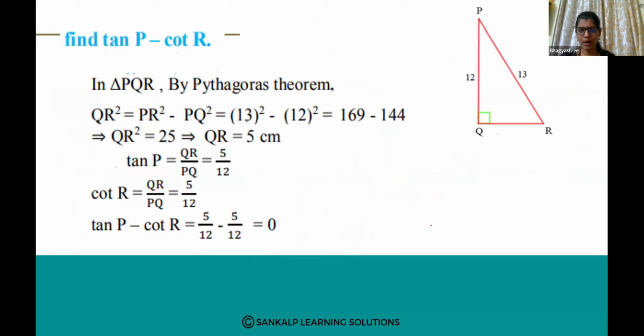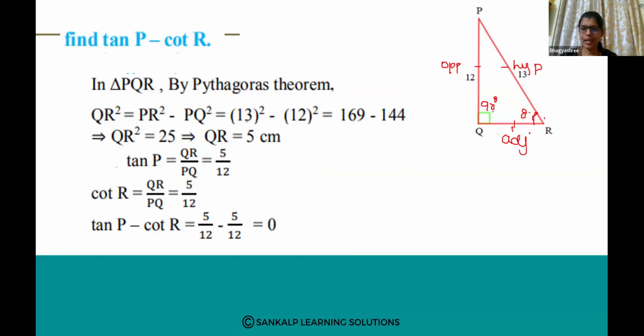In triangle PQR, what they have given us is tan P minus cot R. There is a triangle. So here theta is at point R. Here Q is 90 degree, theta is at point R. So this is our opposite side, this is our hypotenuse and this is adjacent side.